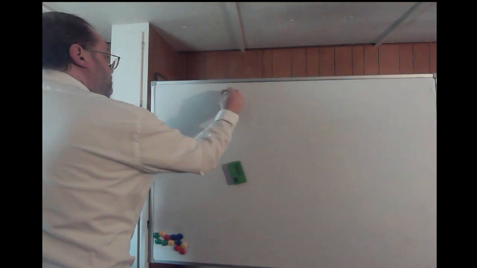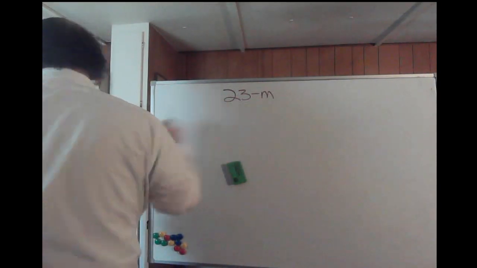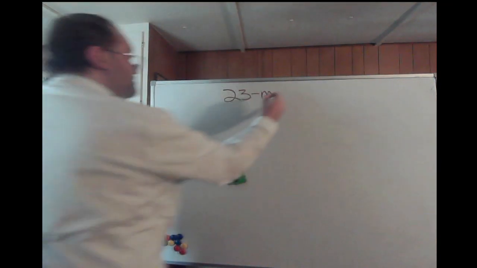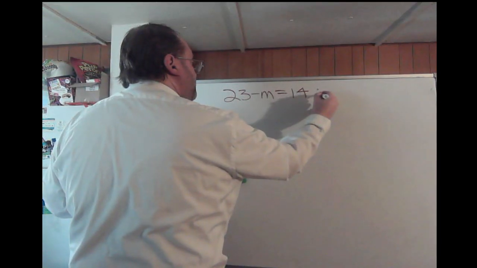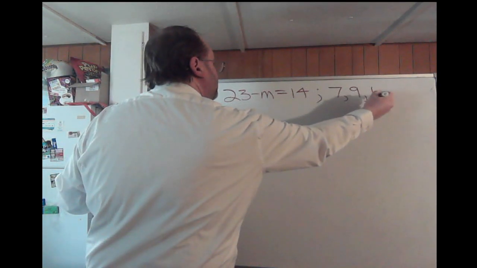What next one should I do? Alright, let's see. We have 23 minus m equals 14. For possible solutions, we have 7, 9, and 11.